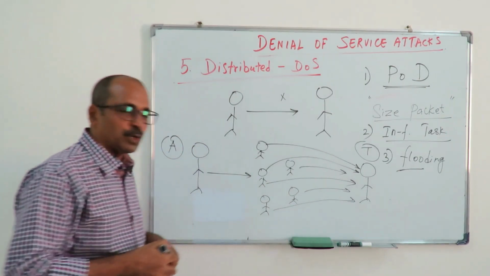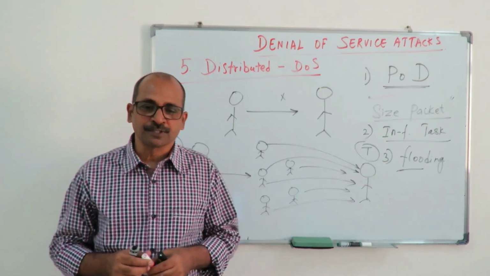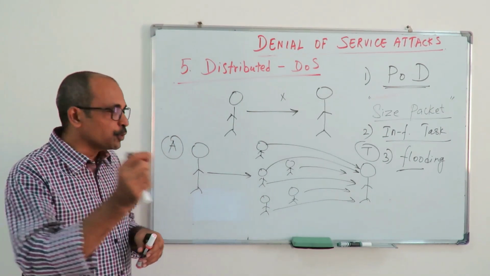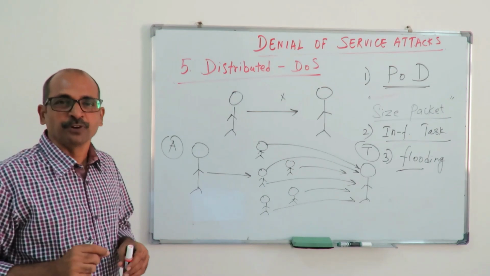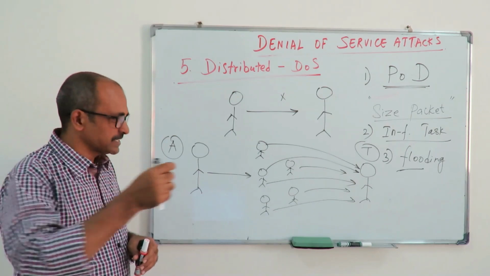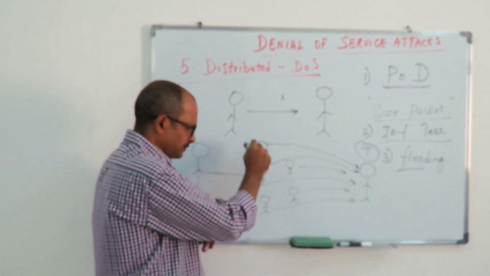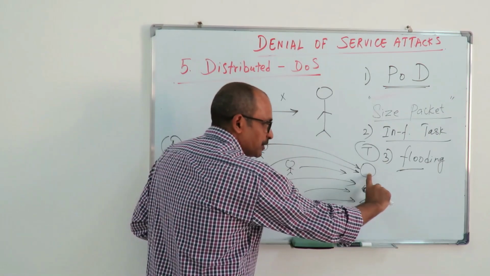So what I want to conclude is that a distributed denial of service attack means a group of intermediate people will be used. There are different technical names available, which we are going to see next. The group of people will be involved to attack a particular target.